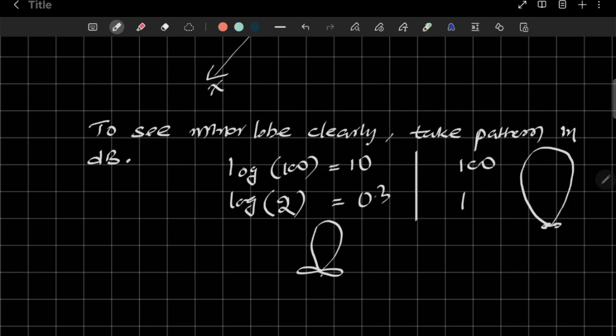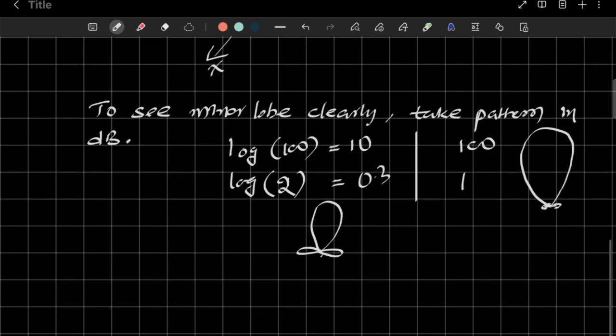So to observe the minor lobes, we have to take dBs into consideration. So when you are dealing with power, 10 logarithm you can apply. When you are dealing with just fields, you can take 20 logarithm. Okay, thank you.